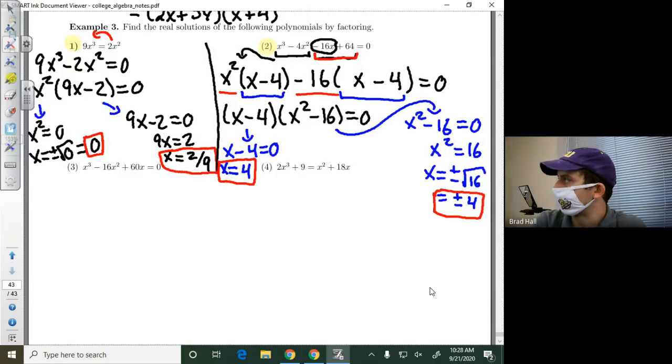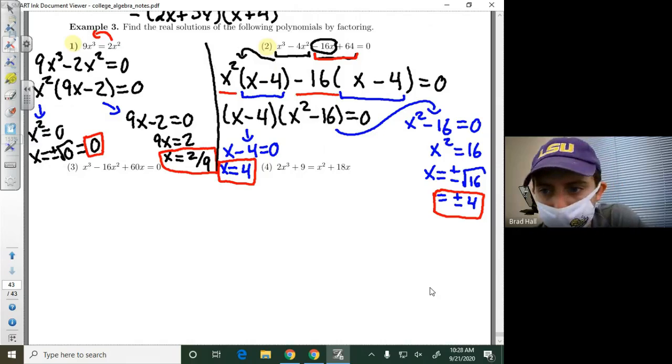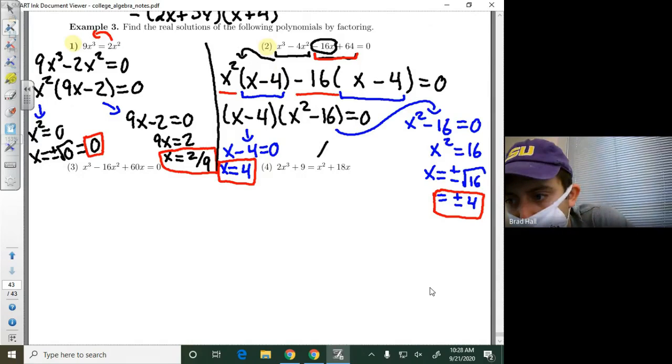So we get the same answer twice. We get positive 4 2 times. So all you'd have to put is x is equal to 4 and negative 4.